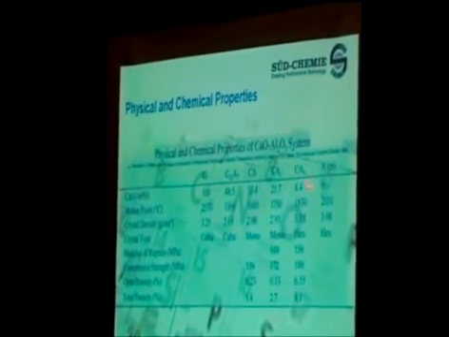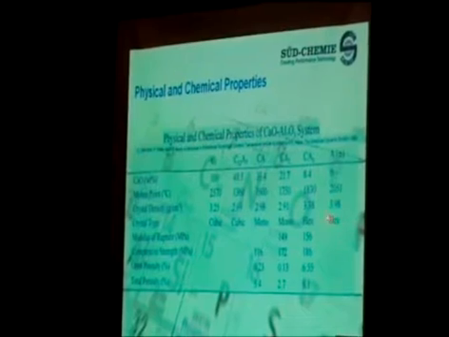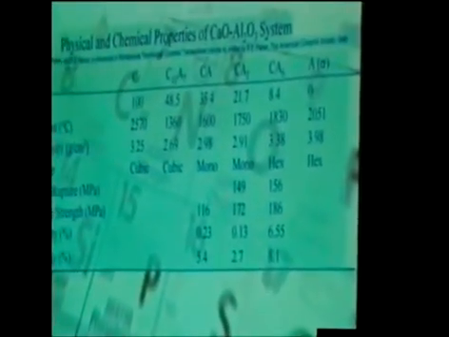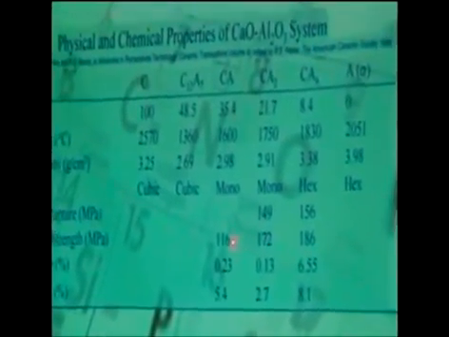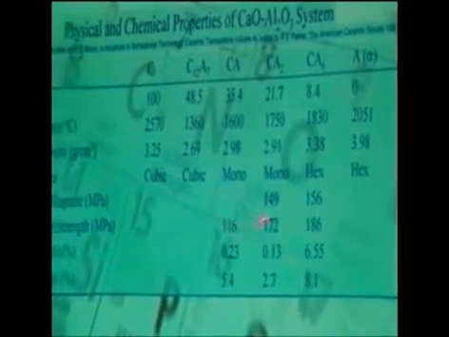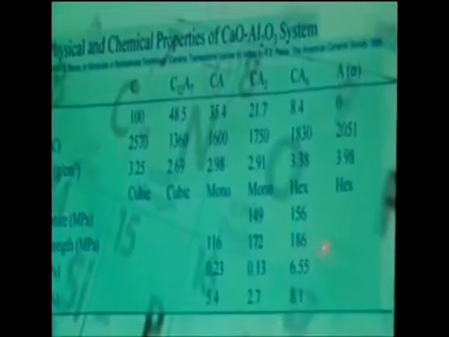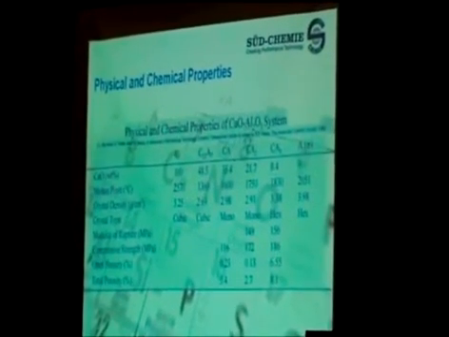This phase is more like calcium oxide, and moving up to higher alumina content, it goes more towards the aluminum oxide structure. But from these major calcium aluminate phases, you can see the strength. Actually, this hexaaluminate has the highest strength and also the highest porosity, which is good for the catalyst in some way.